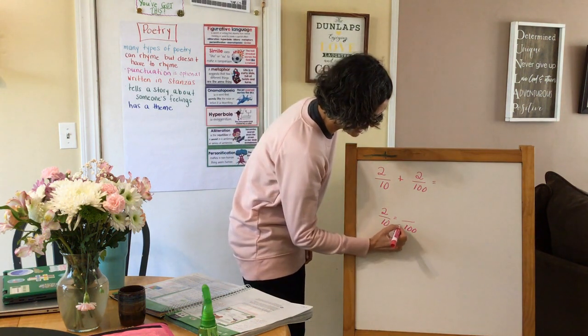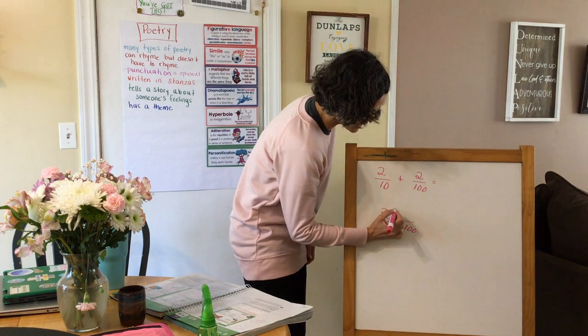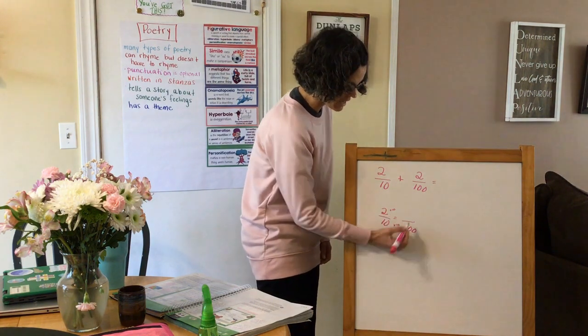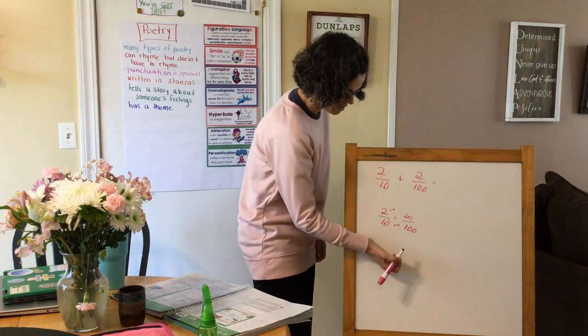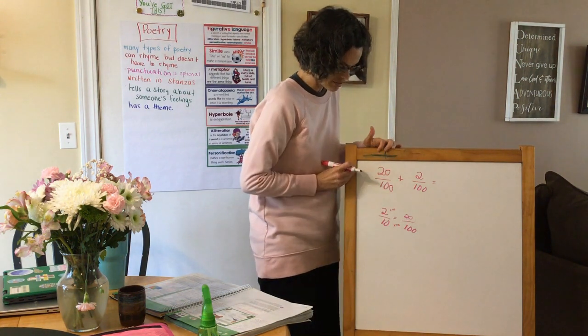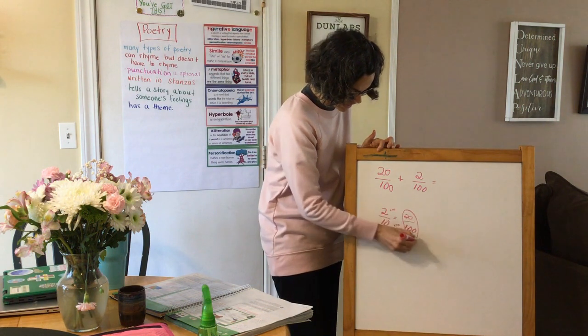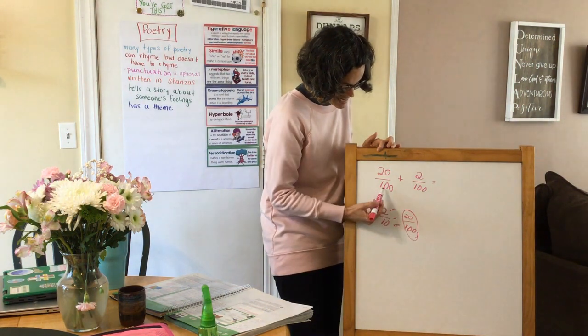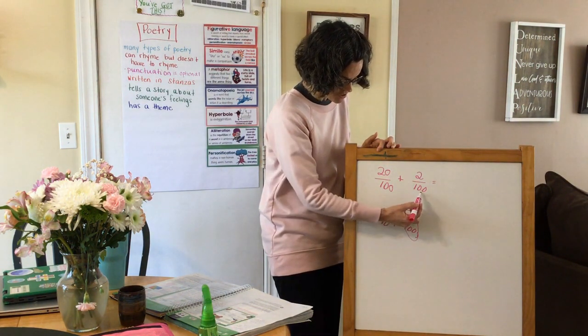Well, multiply by 10. So that means my numerator needs to multiply by 10. 2 times 10 is 20. So I'm going to change this to 20 hundredths. All I did was get an equivalent fraction, and now my denominators are the same.